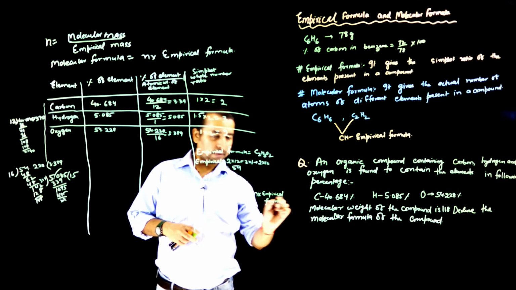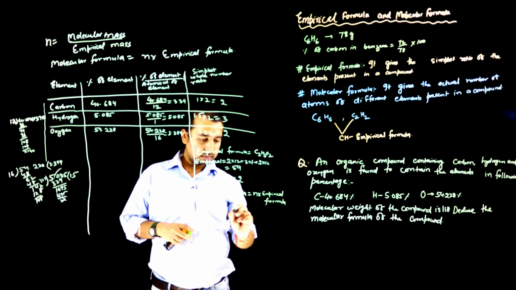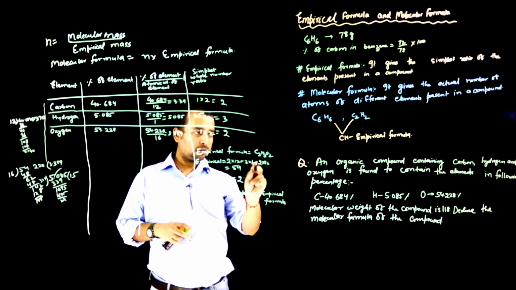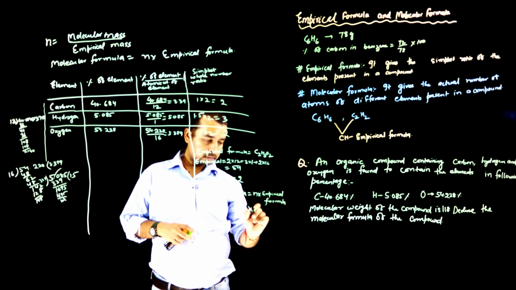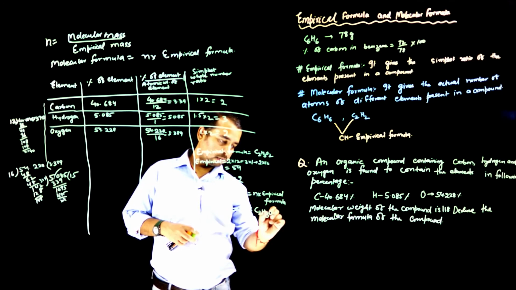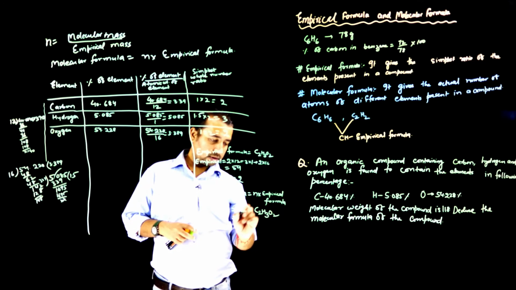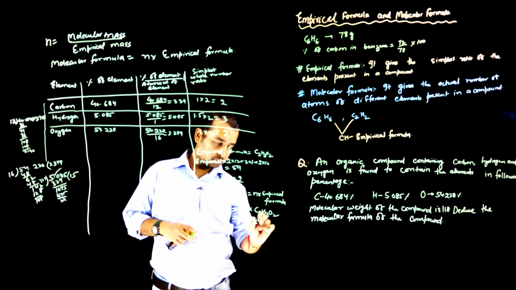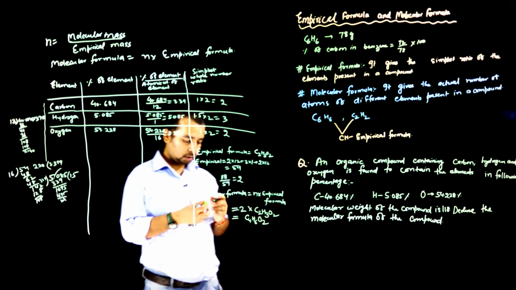The value of N is 2 and the empirical formula is C2H3O2. So the molecular formula we have got here is C4H6O2.